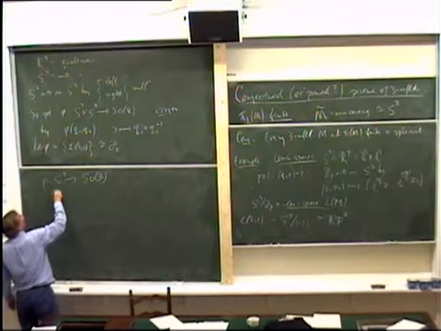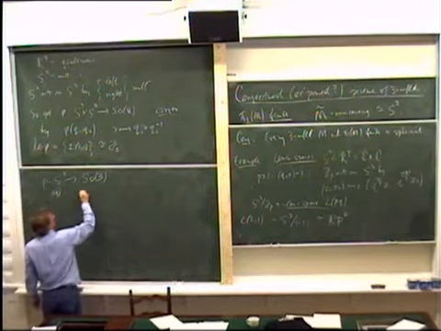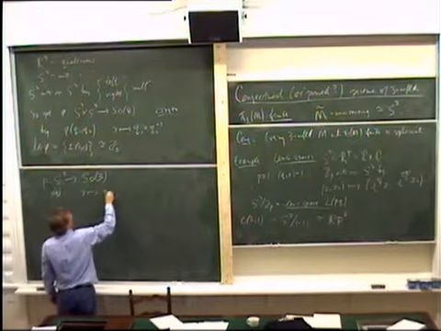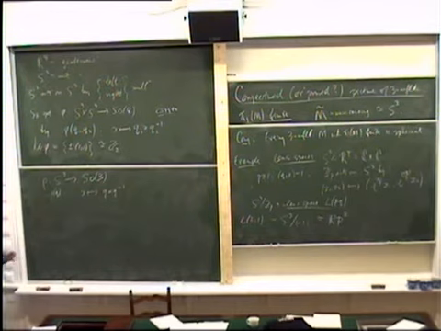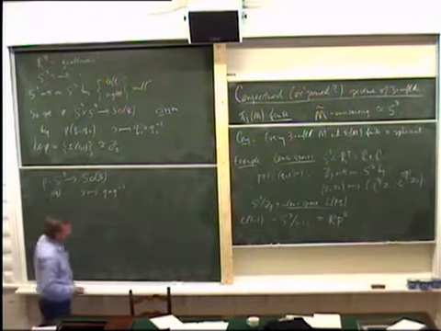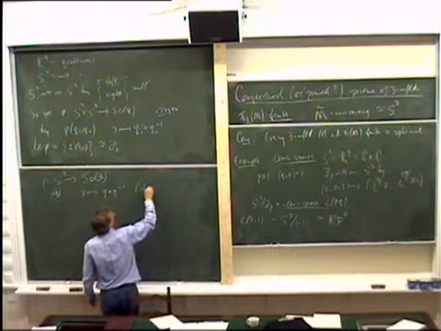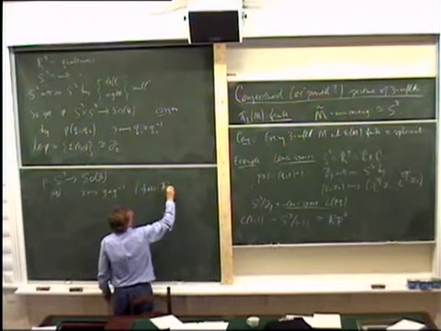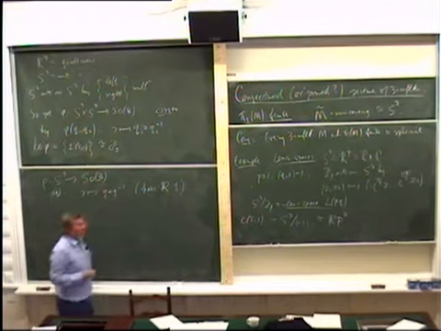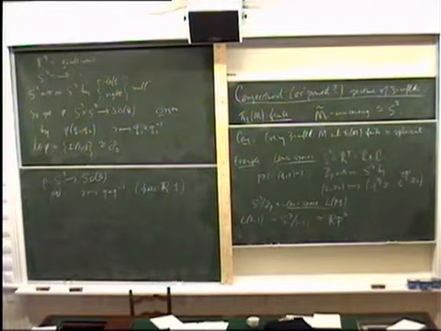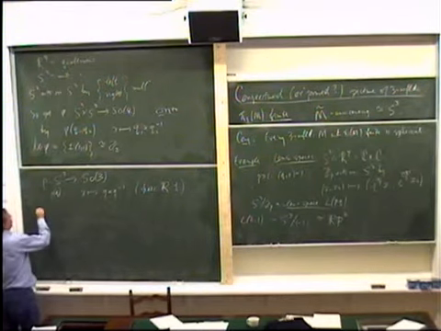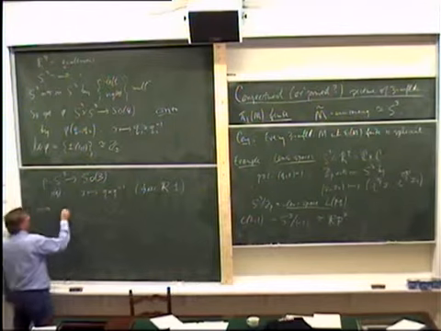If I take rho of Q, then if I send X to Q X Q inverse, think of that as a transformation of S3 or an element of SO4. But you see, it fixes the real coordinate axis, and so it induces naturally an element of SO3, and again this is onto, this is the double cover.